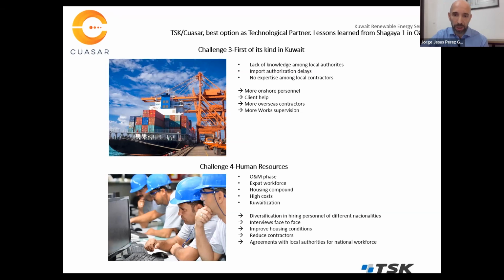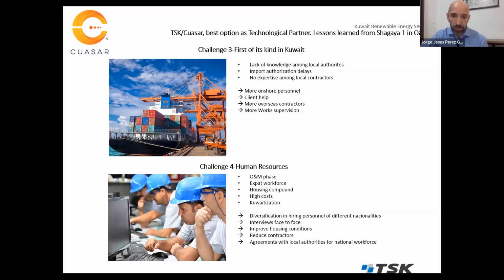And also the Kuwaitization. Now TSK is a Khalifa company here in Kuwait, and it's working perfectly, but we need the Kuwaitization. We have to train the personnel. We have to put them into work. We have to integrate with our staff, etc.